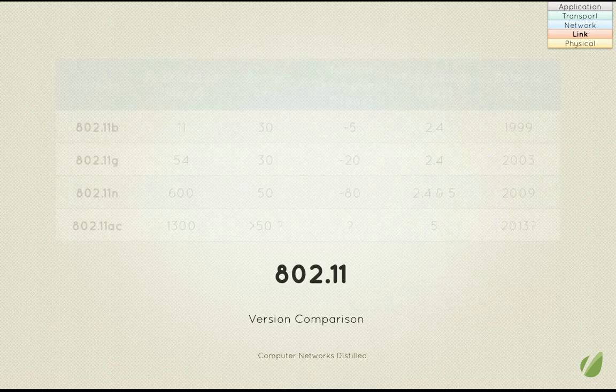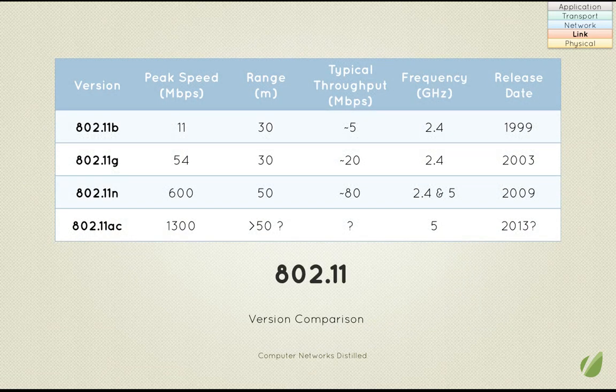I'd like to start off by just taking a quick comparison of the different versions of 802.11 in terms of their speed, their range, and the physical frequency at which they operate. You can see kind of the granddaddy of all these is the 802.11b, which was released back in 1999, peak speed of 11 megabits per second.